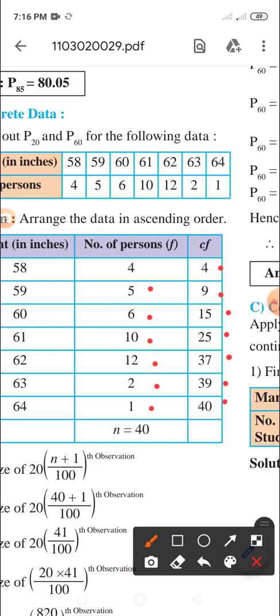Okay, here is one trick. We already found the value of n, but to check whether it is correct or not, we look at the CF of the last data, that is 40, and the value of n is always the same.